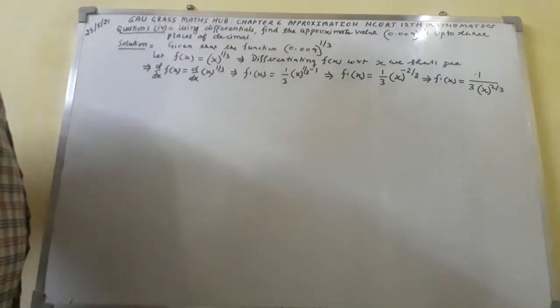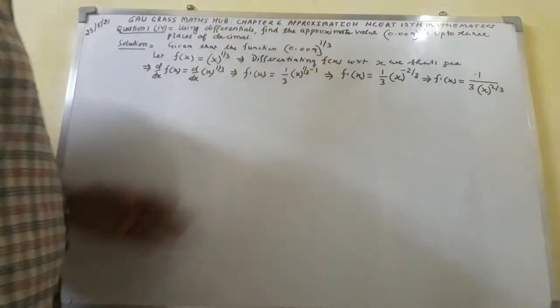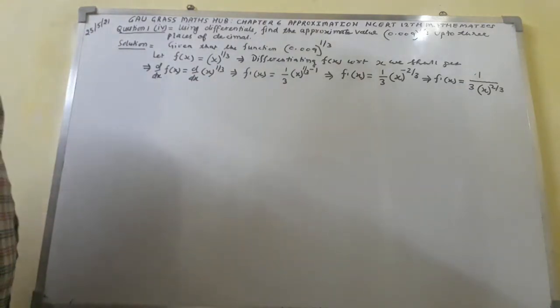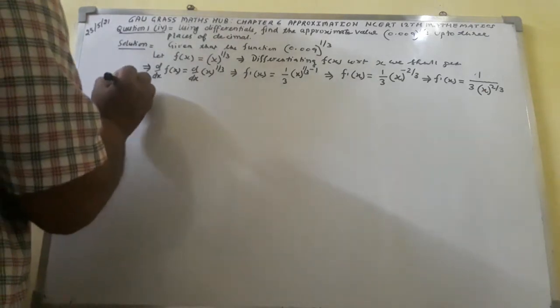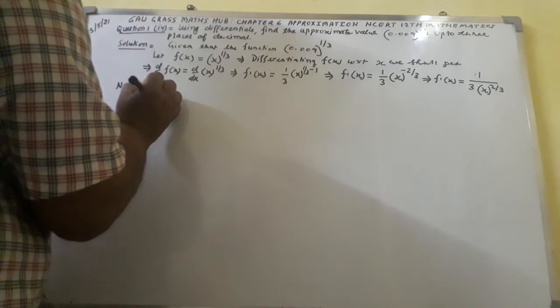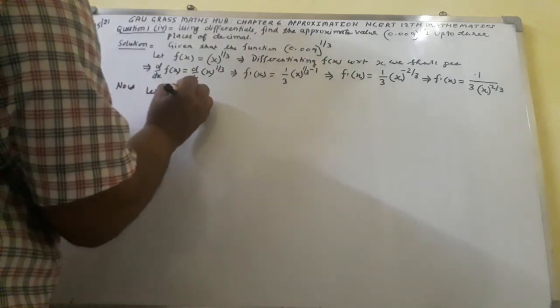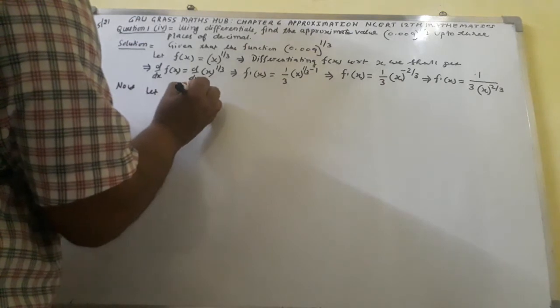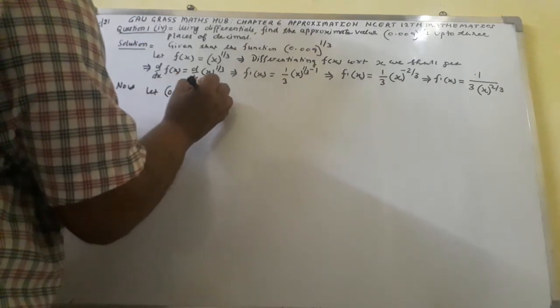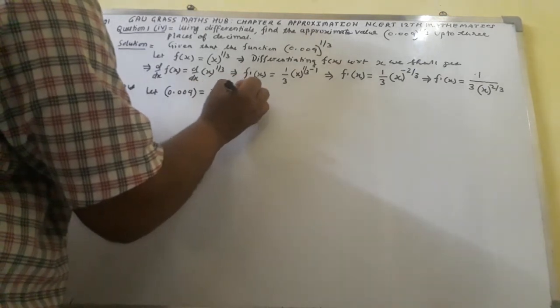Now again I shall write the given value. I shall take 0.009. Here I shall write now, let 0.009 equal to x plus delta x.